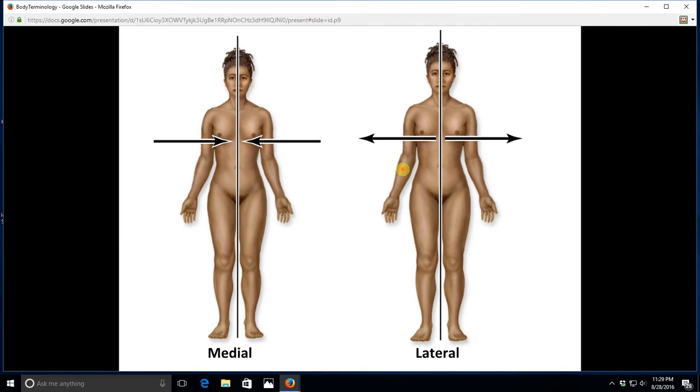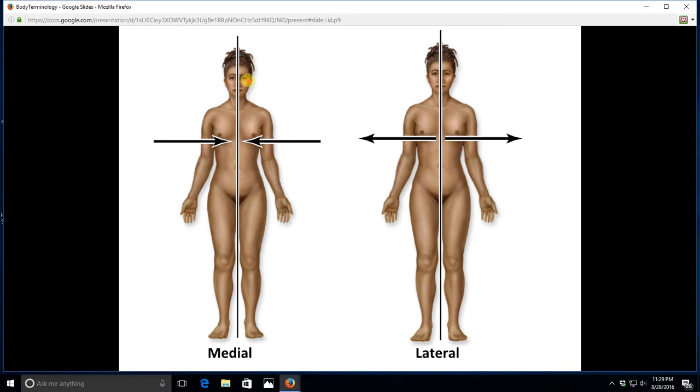Another set of comparative terms are medial and lateral. Now, to understand these, you got to imagine a line going right up the middle of the body. It's called the midline. If something is closer to the midline, it is medial. Let's give an example there, okay?